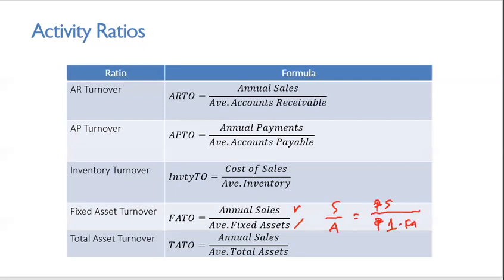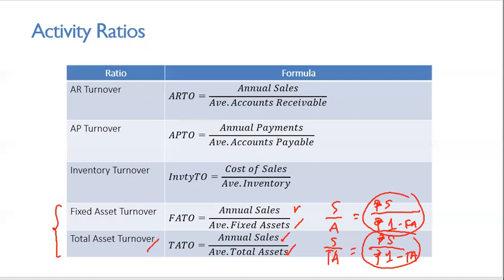Pwede mo rin i-interpret yung total asset turnover as sales over total assets, right? So for every peso of investment in total assets, magkano yung sales na nade-generate niya? Okay? That's how you can interpret this. So sales generated per peso of investment.